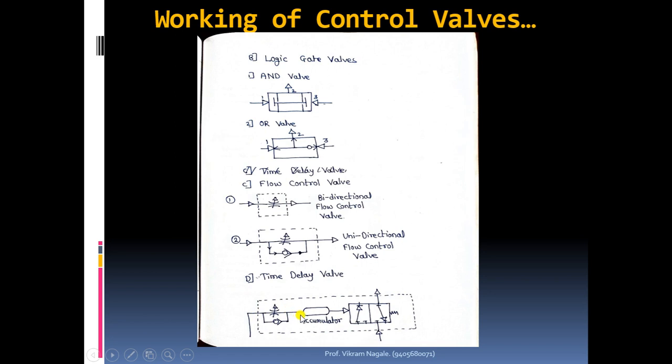So when the flow is left to right, the compressed air is controlled, and then it will go further to the accumulator, and the accumulator is one cavity or just a small space, and until that cavity is completely filled up, pressure will not generate, and it won't get applied on this 3 by 2 valve.